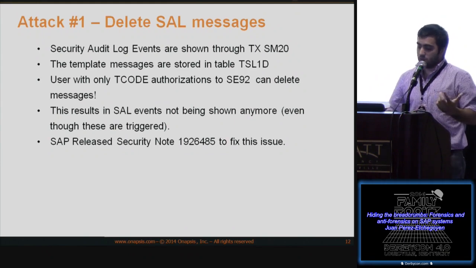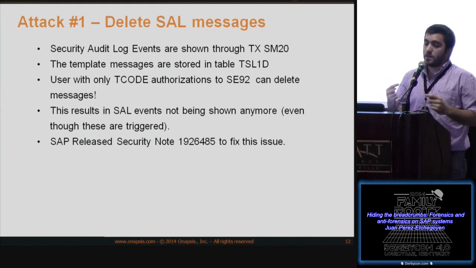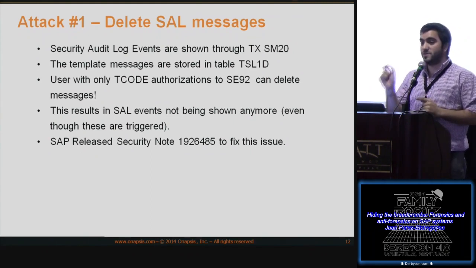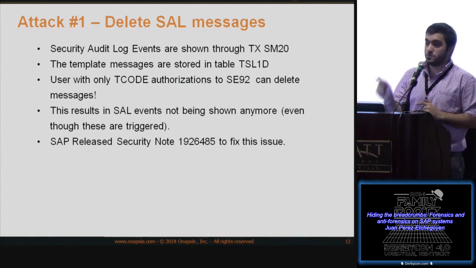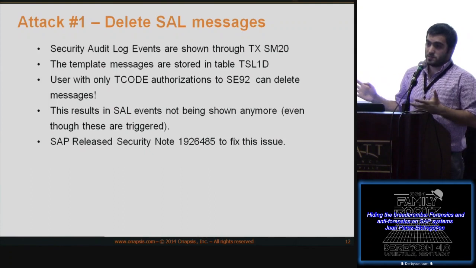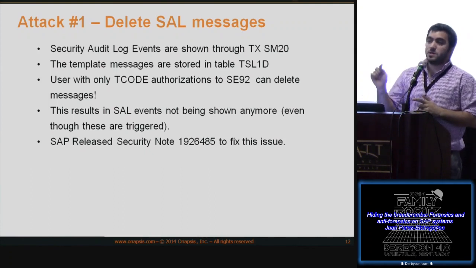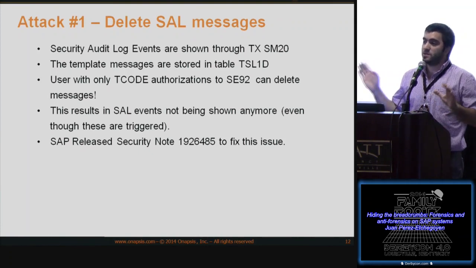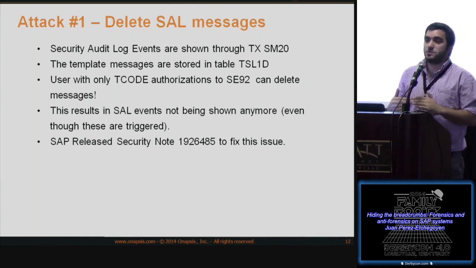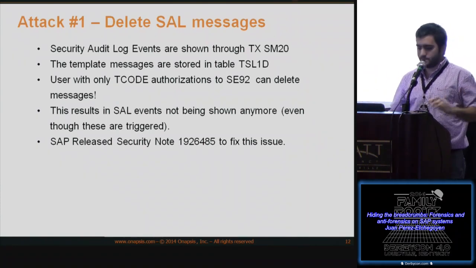What we discovered is that a user having a specific authorization, which is the T-code authorization, nothing more than that, would be able to connect to the system, delete the template, and all the messages will be gone. So even though the event was registered on the file system, it's never going to be shown to a user. It was never there.